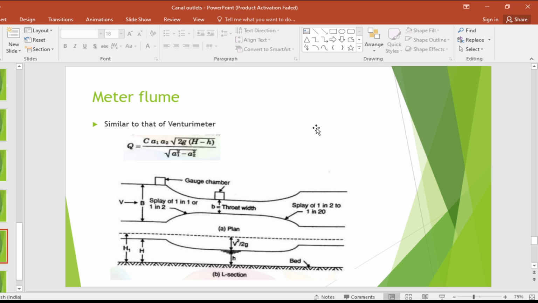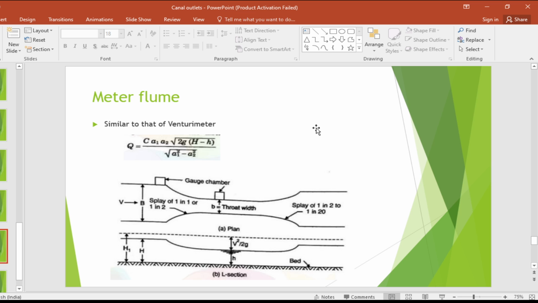So discharge measurement by using a meter flume is similar to that of using venturimeters. The channel width is restricted at the throat with smooth entry and exit transitions on both sides. At the throat section also, the channel width is restricted.